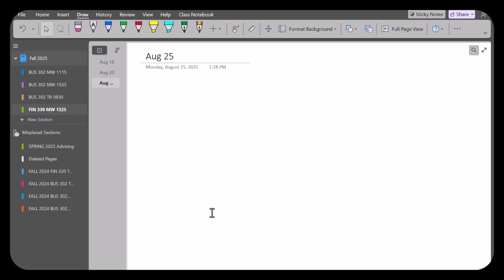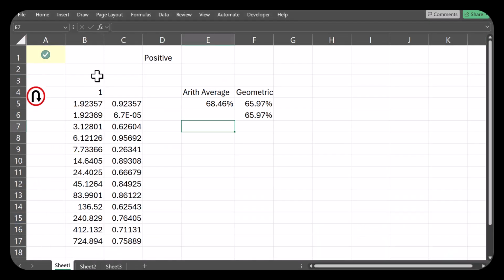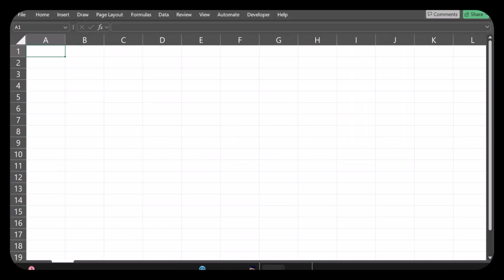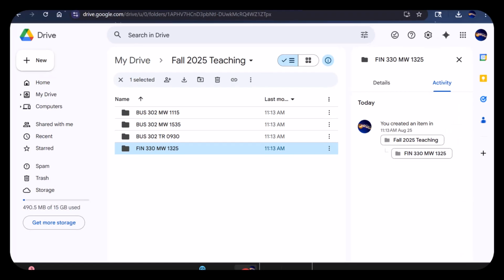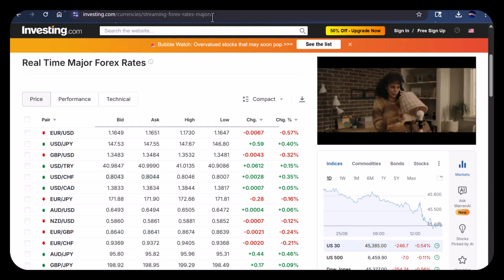Let me get a little bit better exchange rate data. I have this page from investing.com.